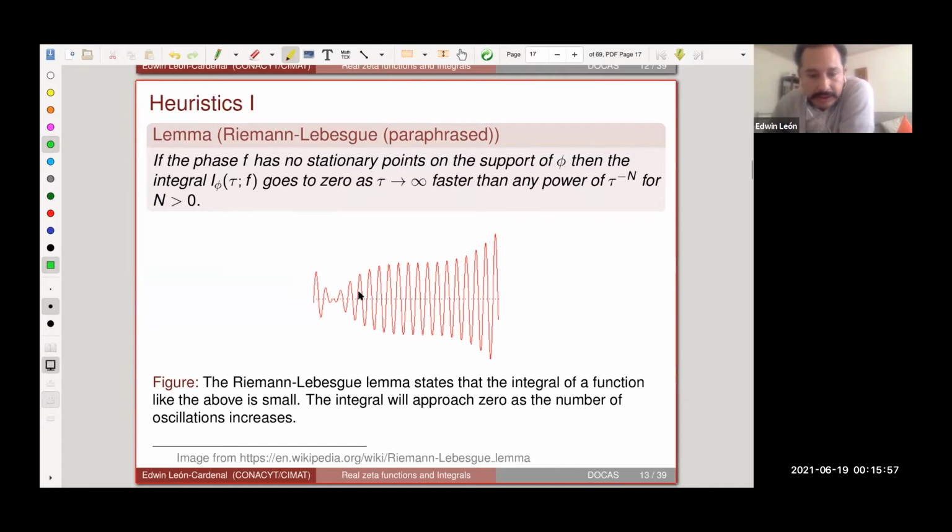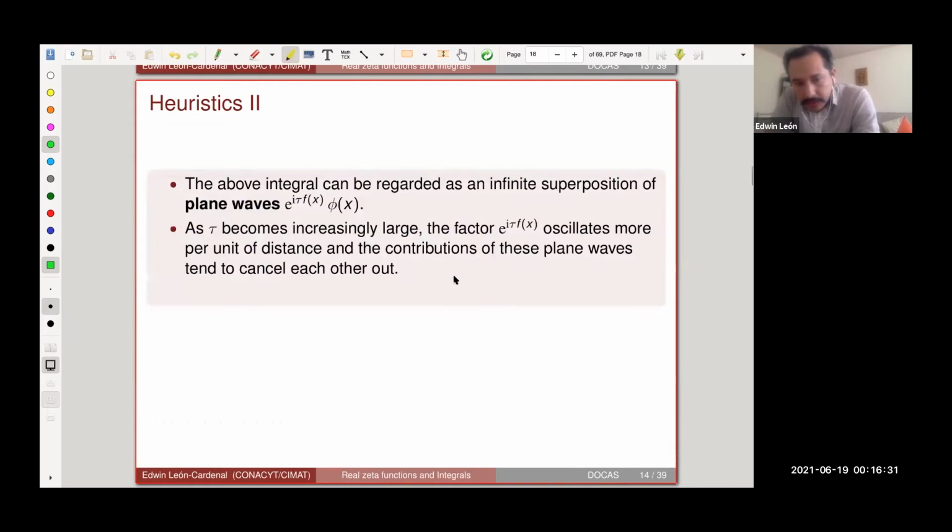Okay, so intuitively, this lemma says that if you have a function that is oscillating a lot, the oscillations are increasing, so the net result of the integral will be 0. Okay, so there is some heuristics here.